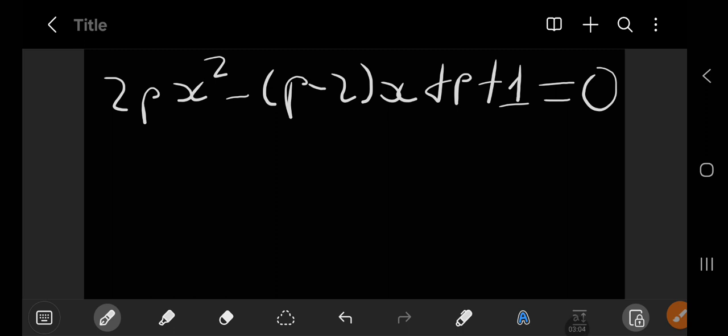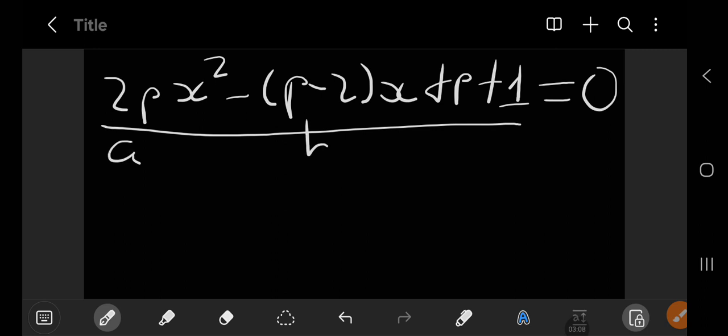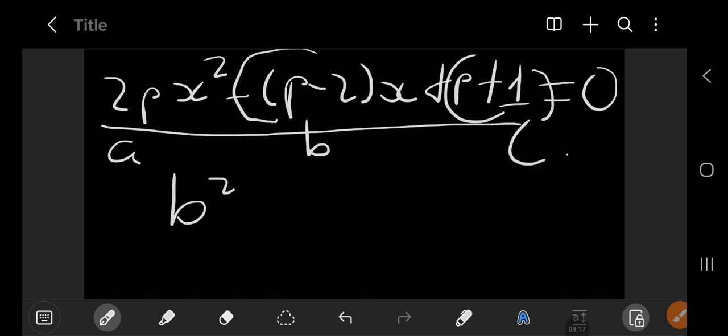So from here, what do we do? We know it's in standard form already. That's my a, that's my b, however my b has a negative now, and this here is my c. I can go further to say that b squared minus 4ac would be equal to 0 in this case, because I already have it equal to 0, so I can equate it to 0.